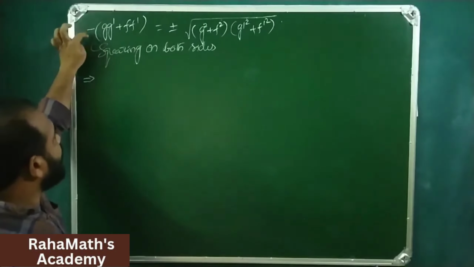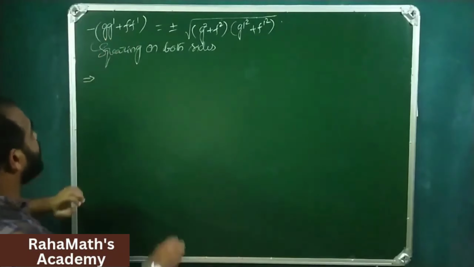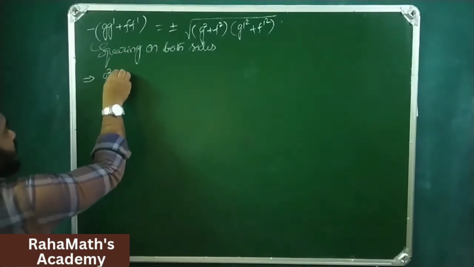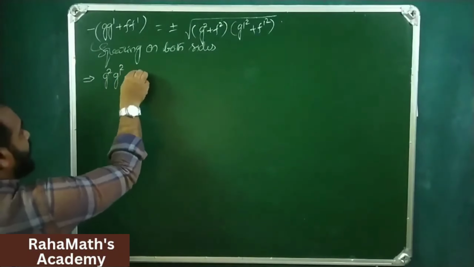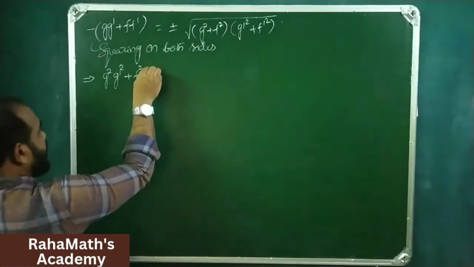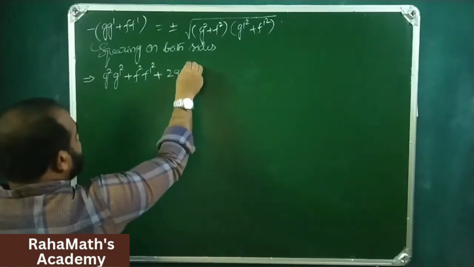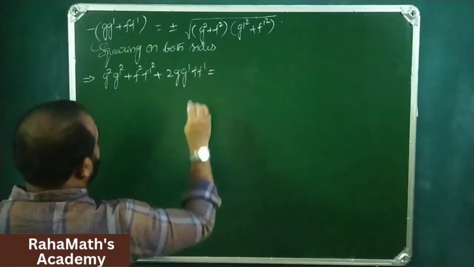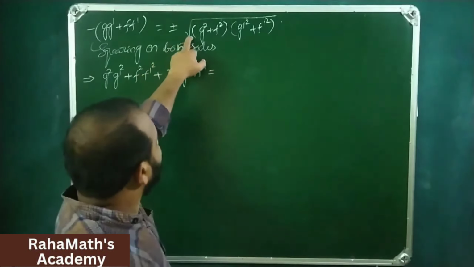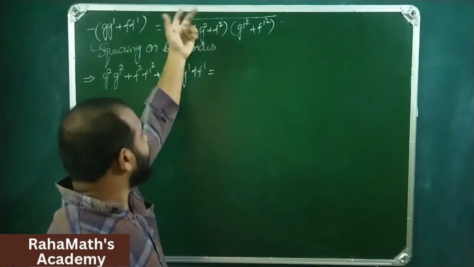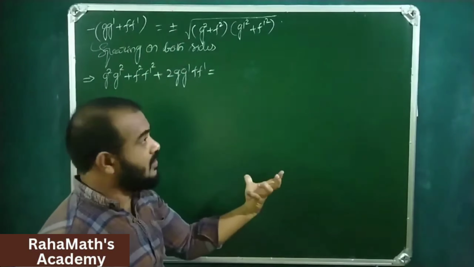Minus square would be, this is plus, this is a plus b whole square. So this is g square g dash square plus f square f dash square plus 2g g dash f f dash is equals to, square and root will get cancelled, plus or minus whole square is obviously plus.